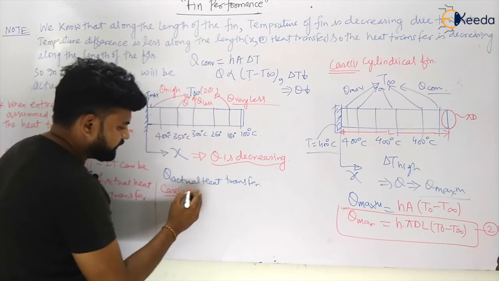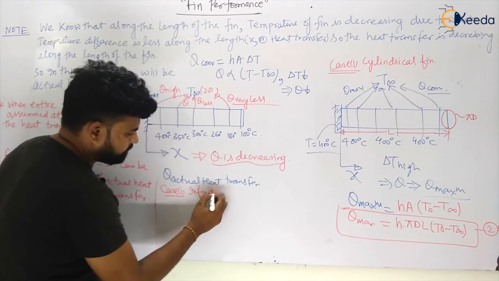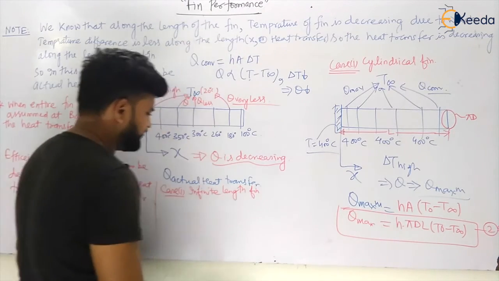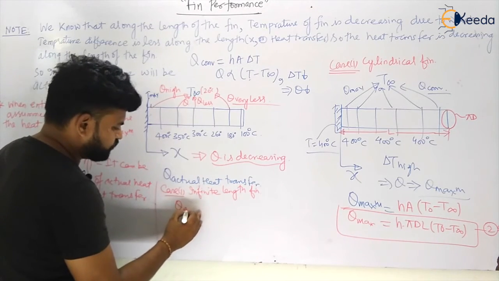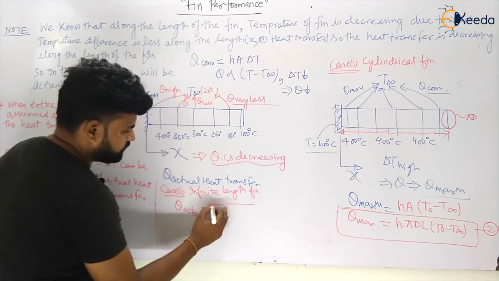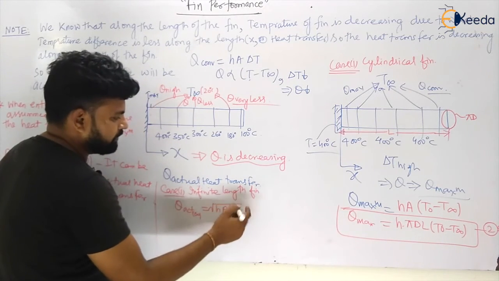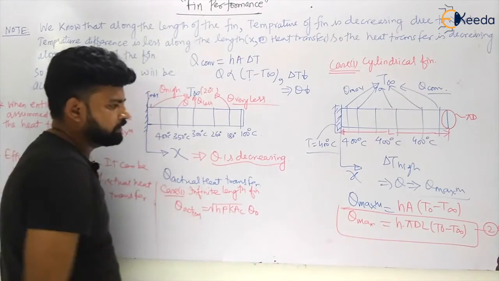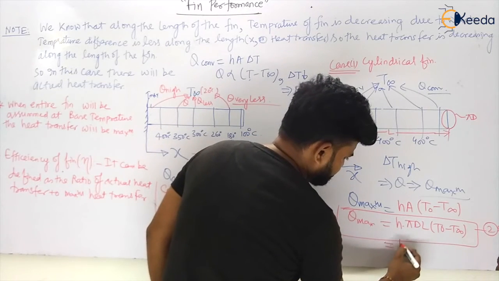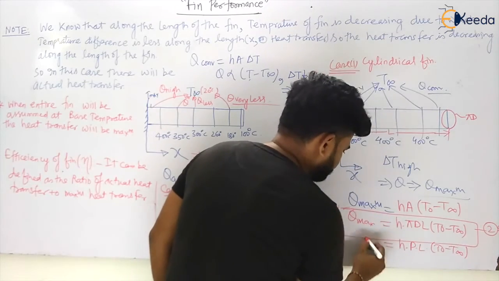For an infinite length fin, Q actual is given by root of hP kAc multiplied by theta naught. Simple. But pi d can be written as hP into L, T naught minus T infinity. So this will be Q maximum.